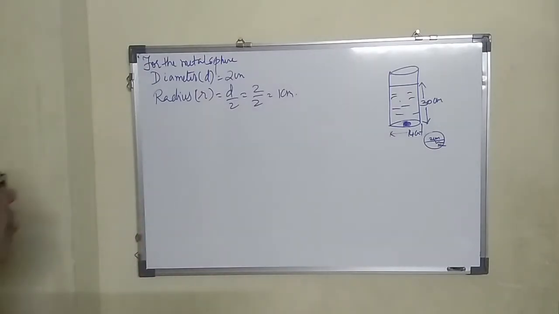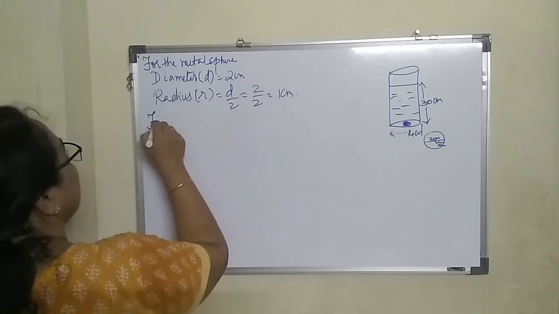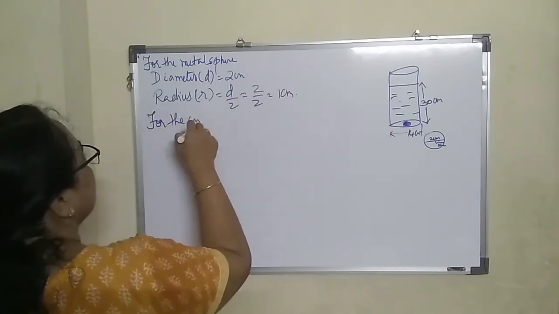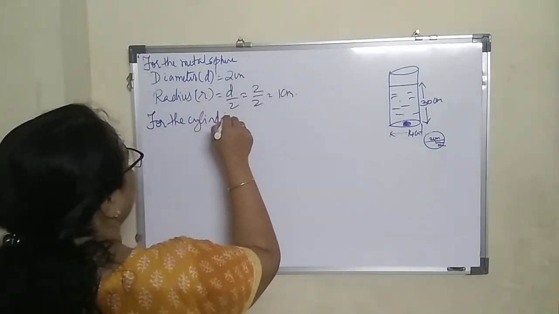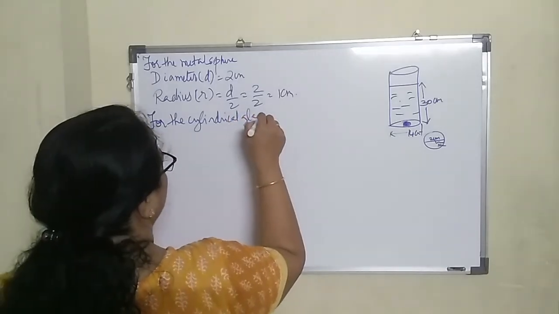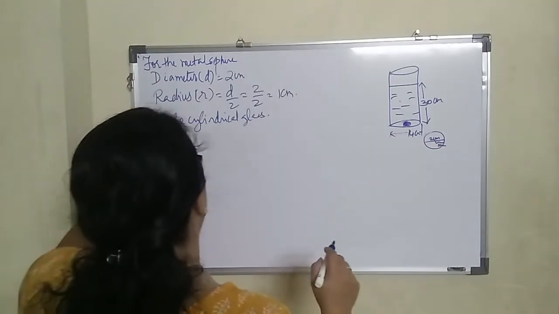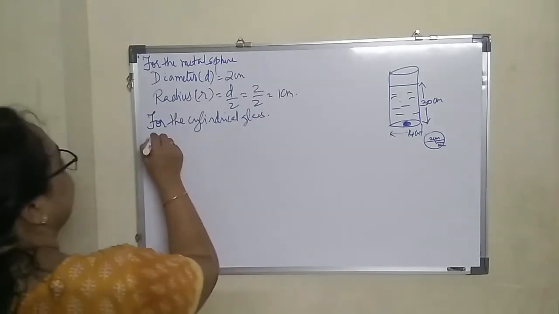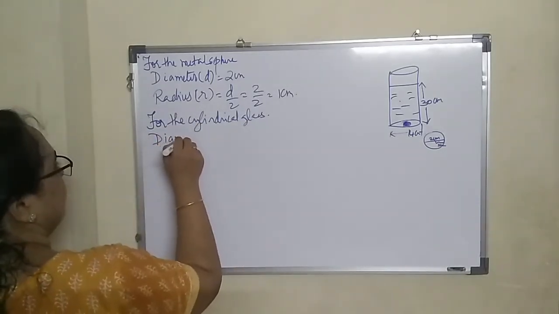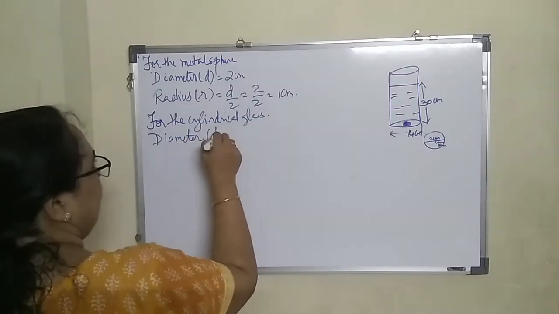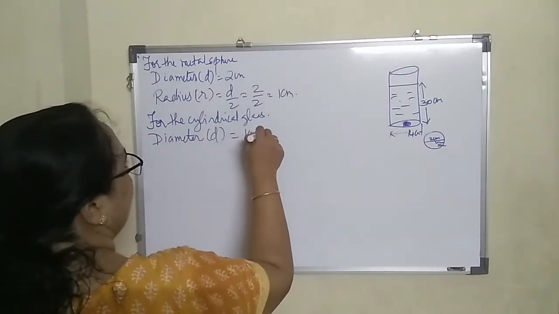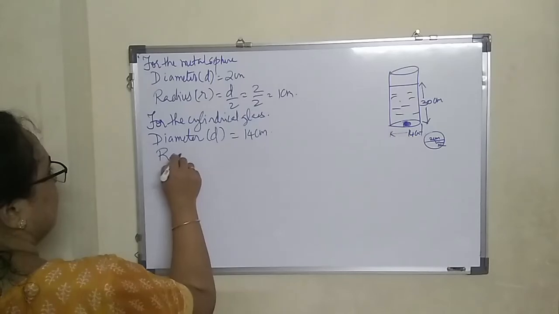So therefore, for the cylindrical glass, again we have the diameter. Diameter D equals 14 centimeter.